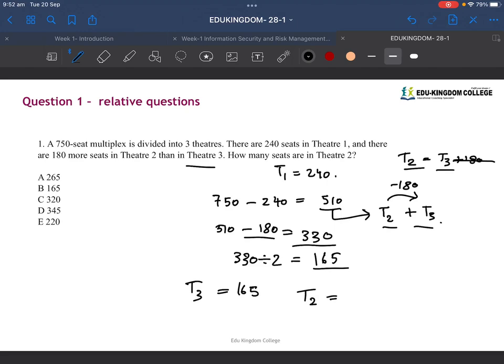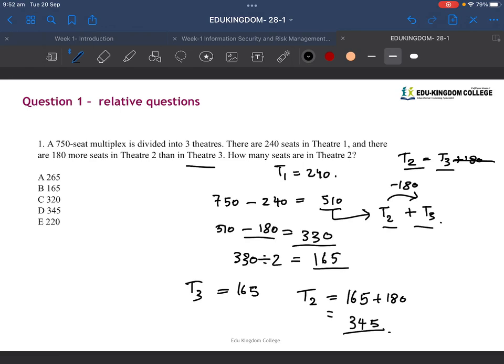And so T2 must have 165 plus 180, which is 345.